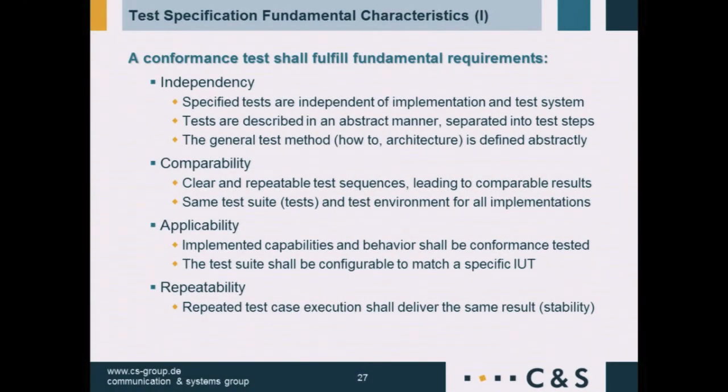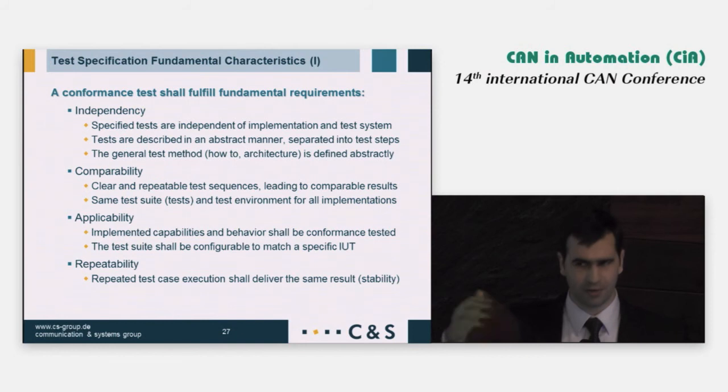So, as we see here, the test cases, environmental conditions, test system, and also the methods that are going to be applied shall be specified abstractly. We don't want to specify there that we are going to be using a certain oscilloscope or a certain instrument, but we could talk about bandwidth or some other more subjective requirements.